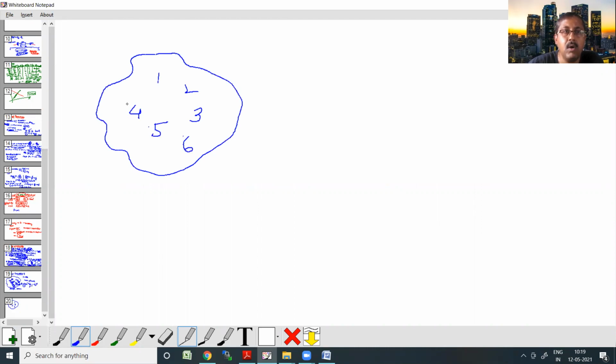Now when I throw two dice, I can have a 1 1, I can have a 1 2, a 1 3, a 2 1, a 2 2, 2 3, 2 4. Like this I can have different sample points.